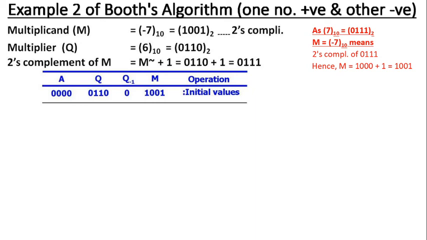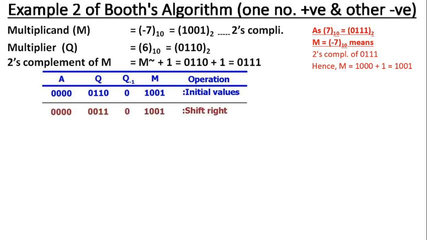So the first iteration does not contain addition or subtraction, but only the arithmetic shift right operation. So carry on the arithmetic shift right operation on the concatenated values of register A, register Q and Q minus 1 bit. Total 9 bits to be arithmetically shifted towards right by one position. So use that concept of arithmetic shift right studied earlier and apply it here, and straightaway write down that shift right, that is nothing but the first iteration values.